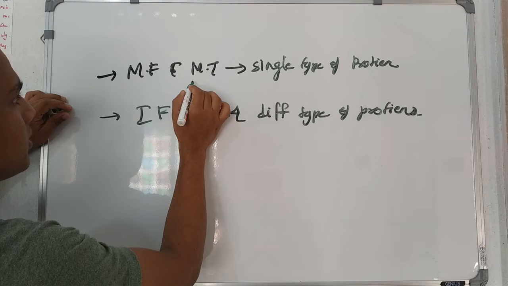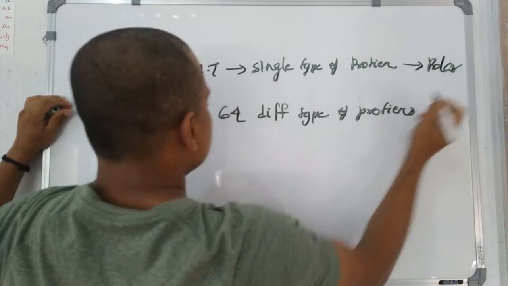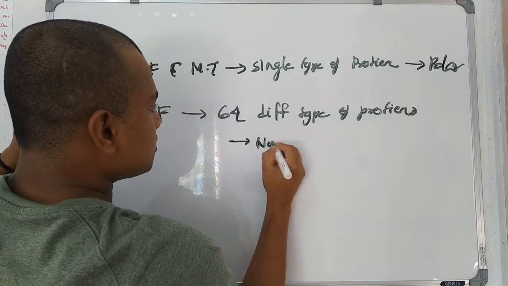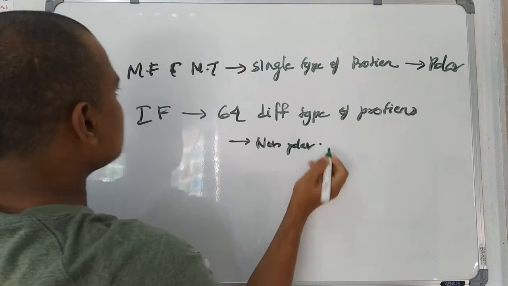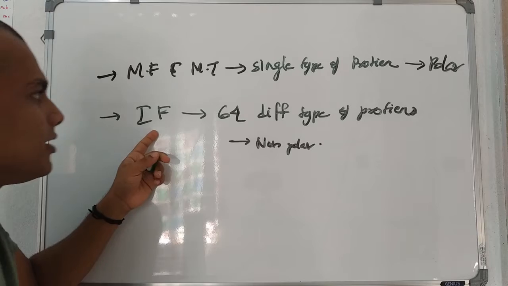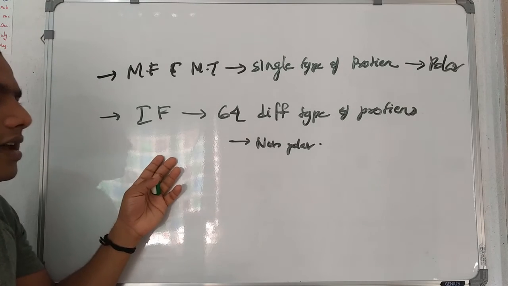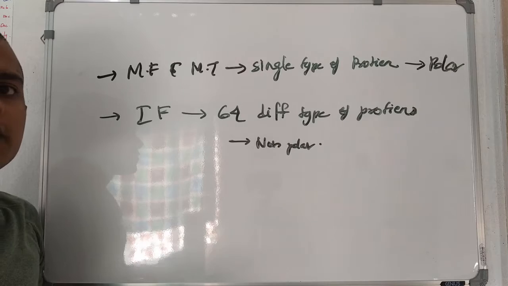Microfilaments and microtubules are polar in nature, while intermediate filaments are non-polar. Microfilaments and microtubules help in locomotion, while intermediate filaments have no part in locomotion. What they do is give mechanical support for the cell.